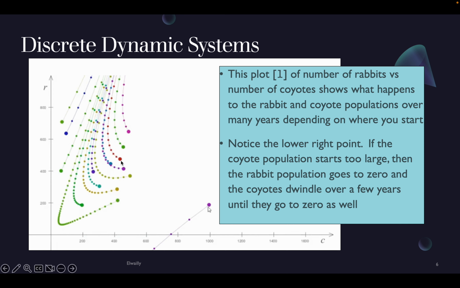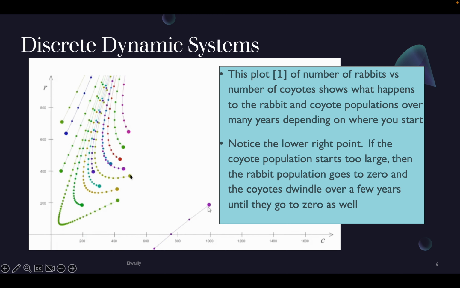So for example, on this graph of rabbits over coyotes, if the number of coyotes is relatively large and the number of rabbits is also relatively large, then the population will go down slightly over the years before stabilizing.